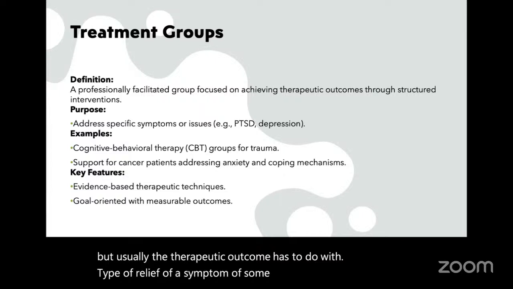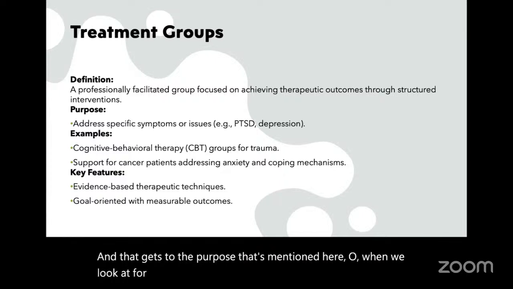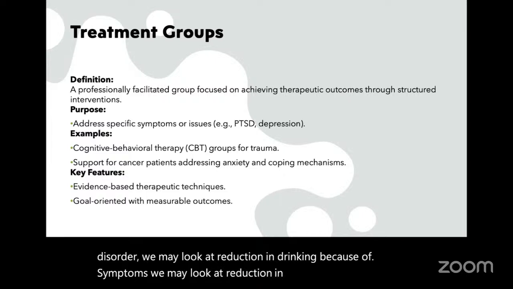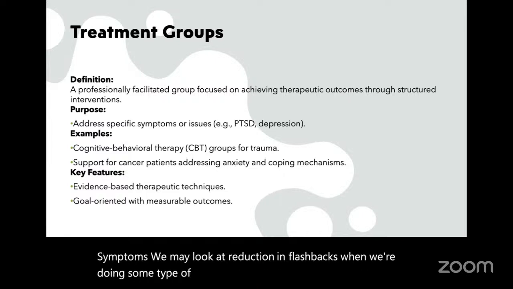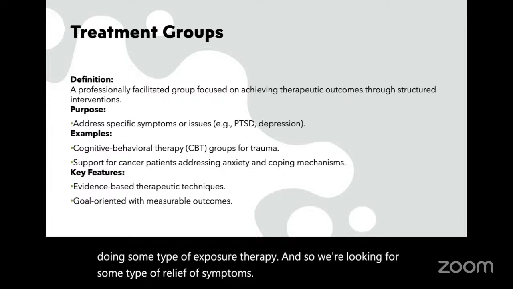Okay. And that gets to the purpose that's mentioned here. So when we looked at, for example, post-traumatic stress disorder, we may look at reduction in drinking because of symptoms. We may look at reduction in flashbacks when we're doing some type of exposure therapy. And so we're looking for some type of relief of symptoms, okay?